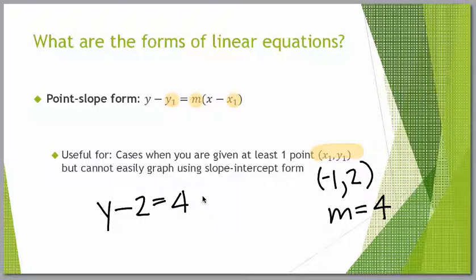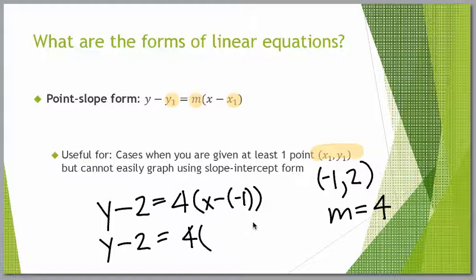Equals 4 times the quantity x minus our x1, so the x coordinate of our coordinate pair, which would be -1. So we have minus a -1. So when we simplify this, the left side stays the same. Then we have 4 times the quantity x minus a -1, which is the same as x plus 1. Right? And so that's where you have to be a little bit careful, but it's pretty easy to plug in, right?